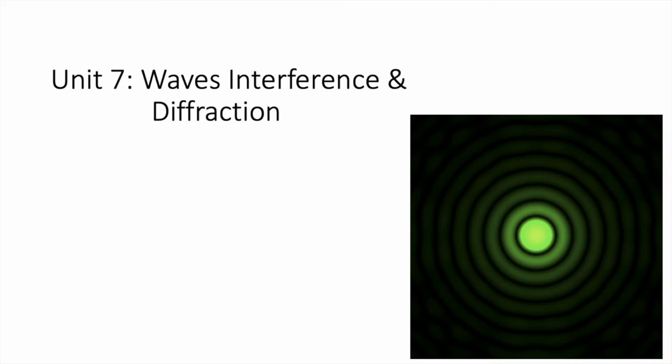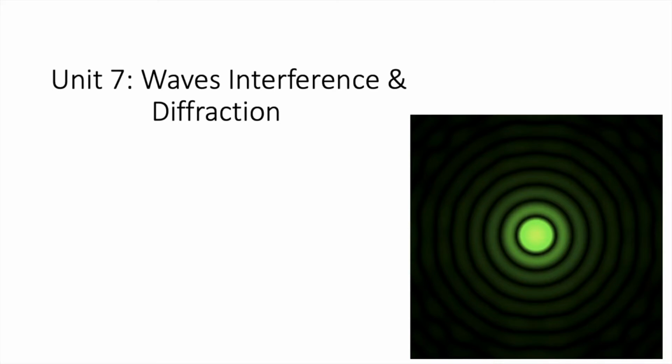Today we'll look into waves, interference, and diffraction. We'll consider three different waves. First is the sound wave, and water wave, and light waves. They have very similar physical properties, as you will see.